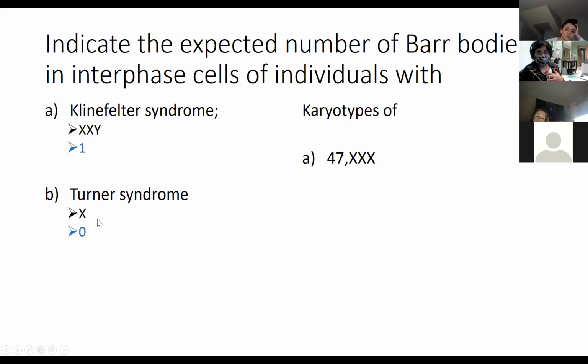I have a question. Sorry. For the Klinefelter syndrome, is it just random chance for the bar body to cancel out the X or the Y? Because like both work if you cancel it, or is it just for X's? So bar bodies are specifically showing inactive X chromosomes.